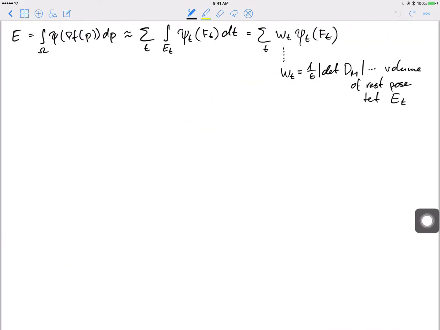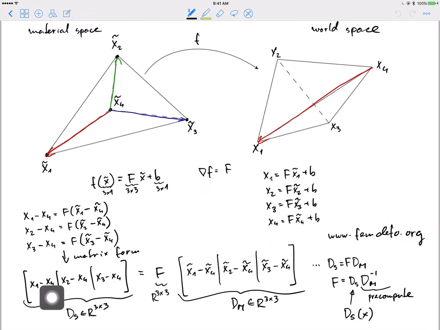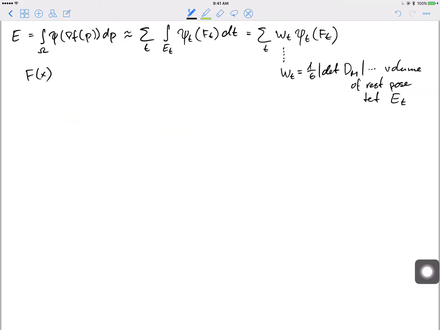So that means that the deformation gradient is a function of x. Now it needs to be a linear function of x, right? Because here I'm just subtracting, that's a linear operation. Here I'm doing matrix multiplication with a constant matrix, that's also a linear operation. So this F needs to be a linear function in F. Okay, sorry, I meant linear in x.